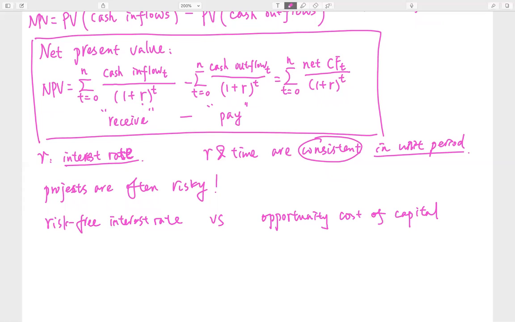Often we interpret this small r as the opportunity cost of capital. To put it in easy words, you usually interpret this r as the expected return on something similar.